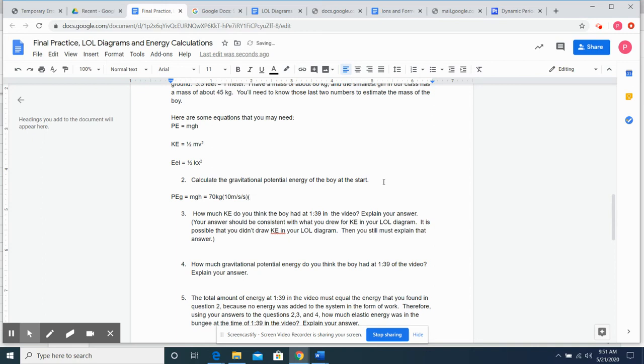And now the height. You guys had to convert this, and you found that it was approximately 39 some meters, but you rounded that to 40 meters. That's okay. It's an estimate anyhow. So there we have 40 meters. All right. So you take 70 times 10, which is 700, times 40.